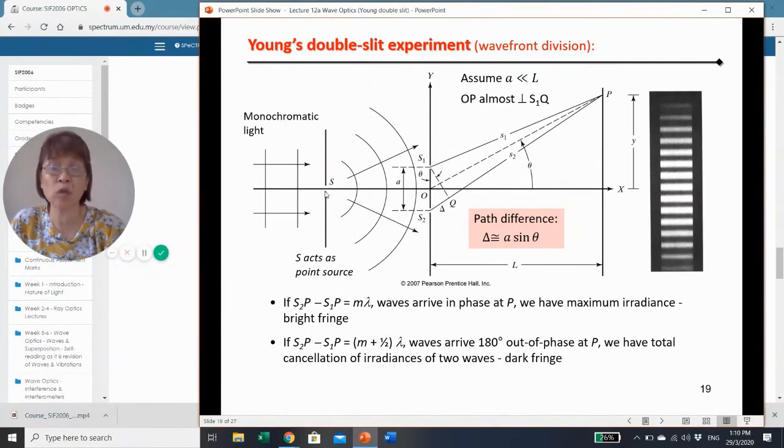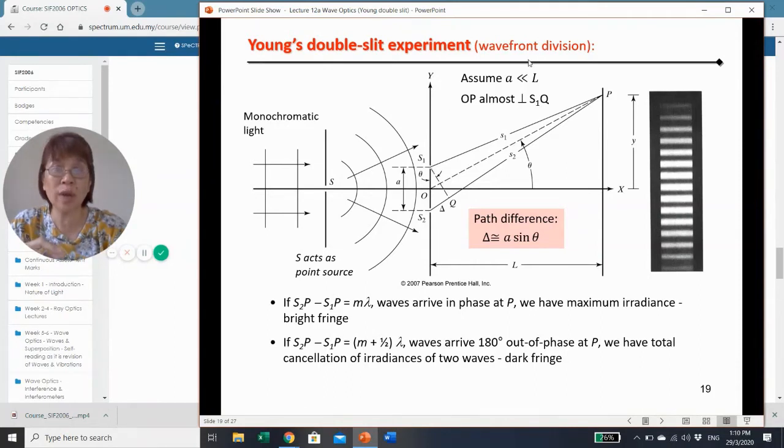So this is like a point source in a sense. Then when this wavefront arrives at these two slits, this is the plane of the double slit.